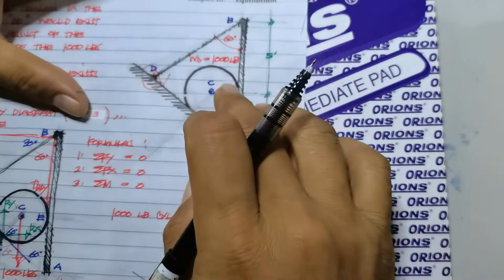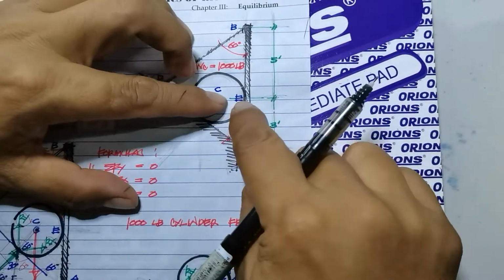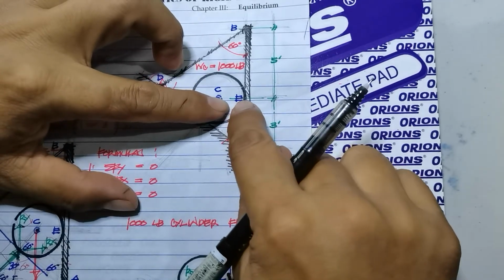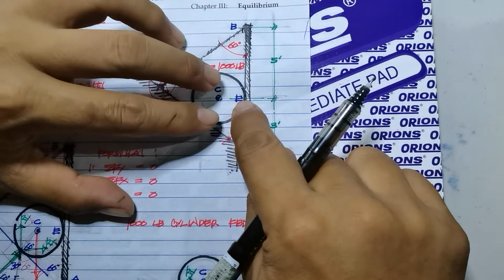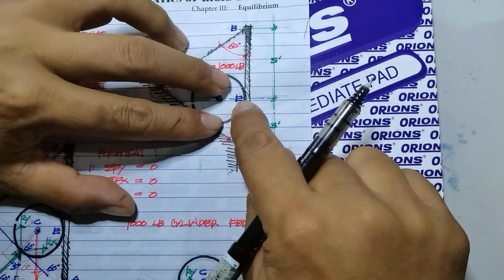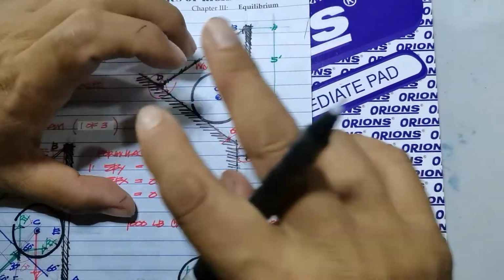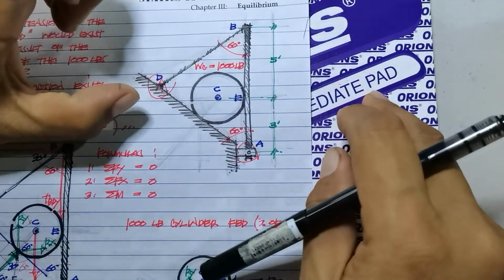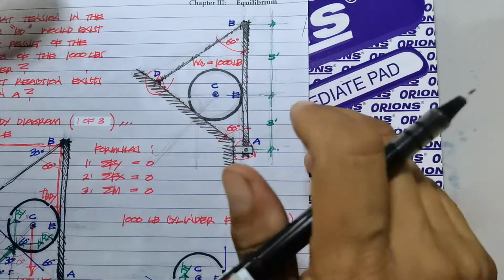Kung titingnan natin itong configuration natin, yung dalawang parts na to are actually adjoined or connected dito sa may point E. Kung nare-recall nyo yung previous example, for as long as meron tayong common point or common location kung saan adjoined yung dalawang object o dalawang part na yon, we could be able to locate the same reaction, albeit in the opposite direction.